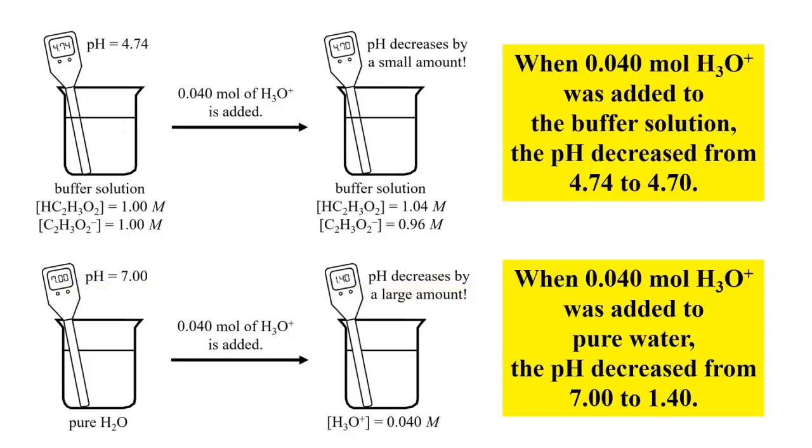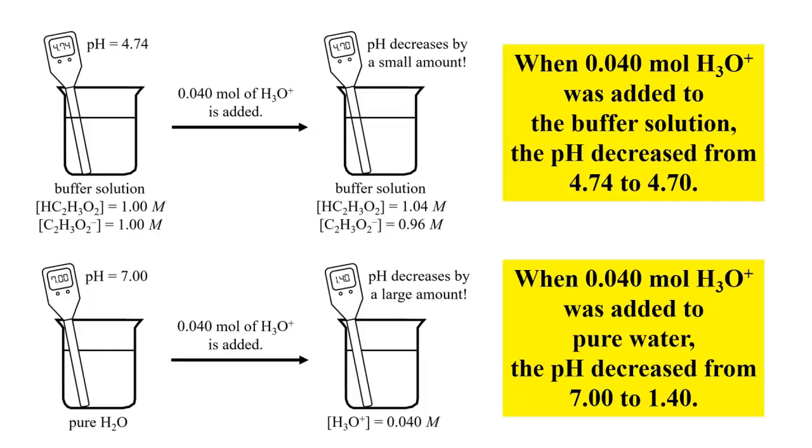So on this slide, from my video for topic 8.8 talking about buffer properties, you can see a comparison of what happens to the pH when a small amount of a strong acid is added to a buffer solution versus what happens when that same amount of strong acid is added to pure water, which is not a buffer.